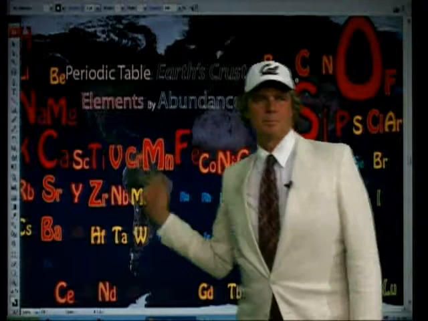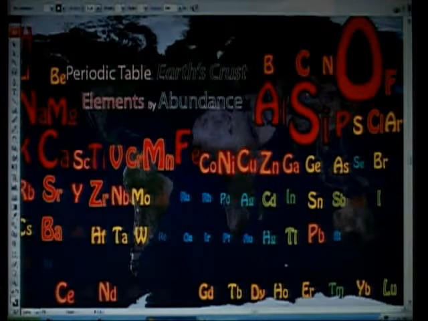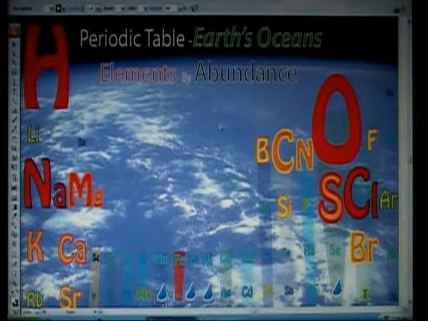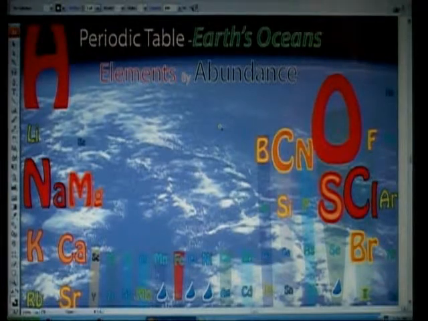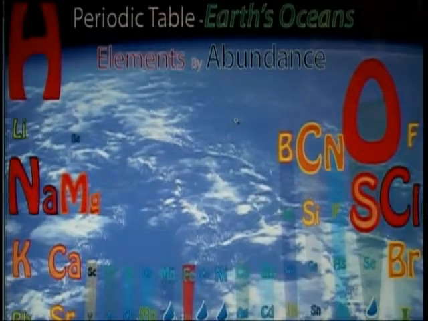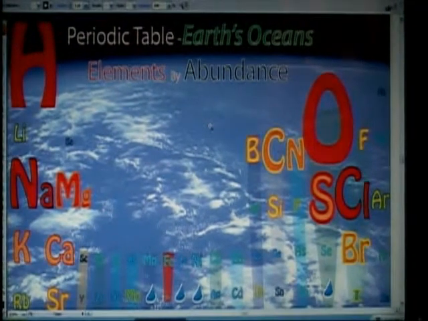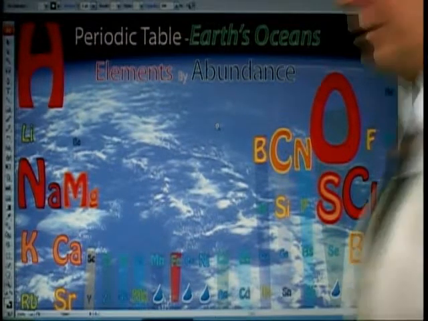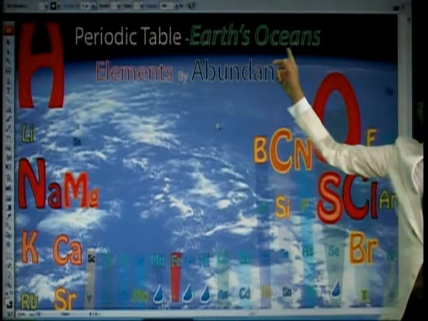So anyway, periodic table of the Earth's abundances. This I thought was pretty cool. This shows the abundance of the elements in the Earth's oceans.